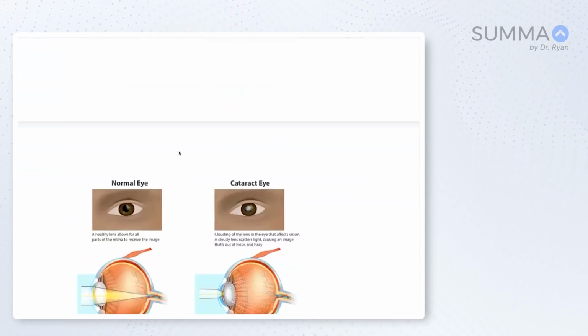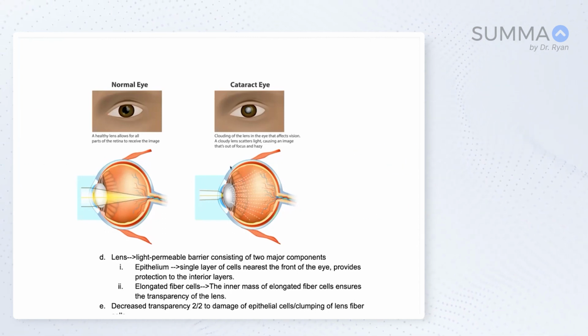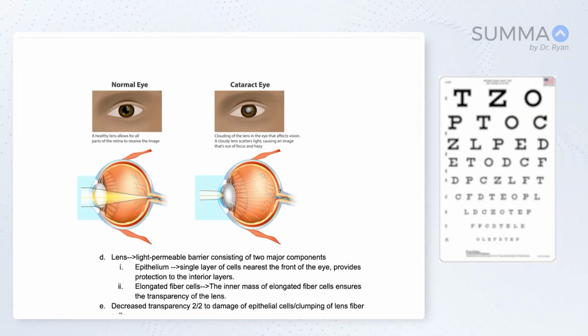Very simply, the problem with cataracts is when they become cloudy, the refraction of light is not quite as clear, and it scatters across many different areas of the retina instead of specified areas, right? And so therefore, the image that your brain receives is much more blurred.